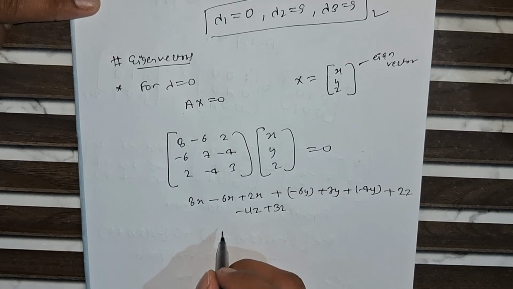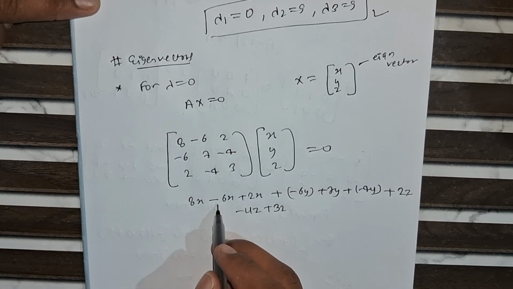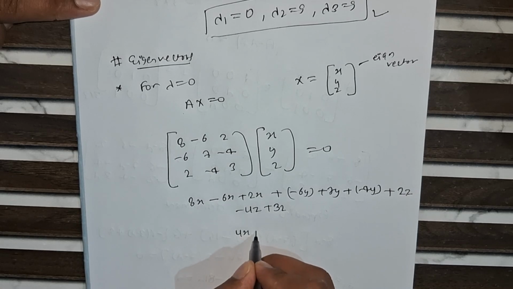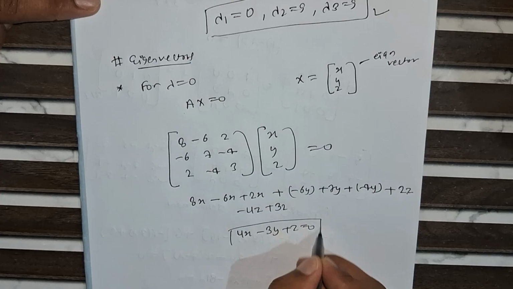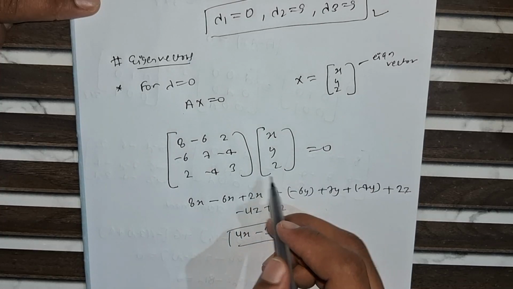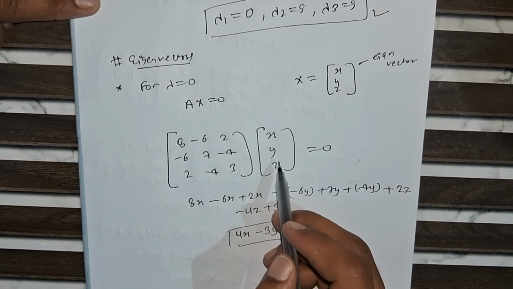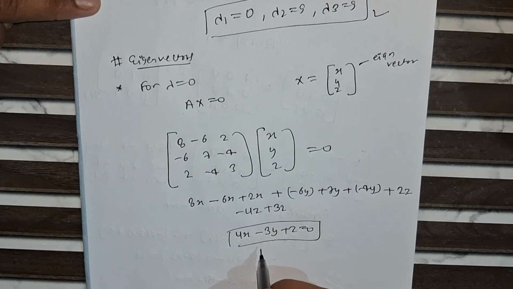So when you solve it, 8x plus 2x is 10x, minus 6x equals 4x, so 4x minus 3y plus z equals 0. This is the equation we obtain by multiplying our A matrix with the eigenvector. So now solve this equation.